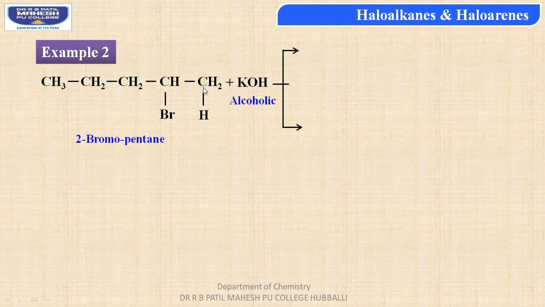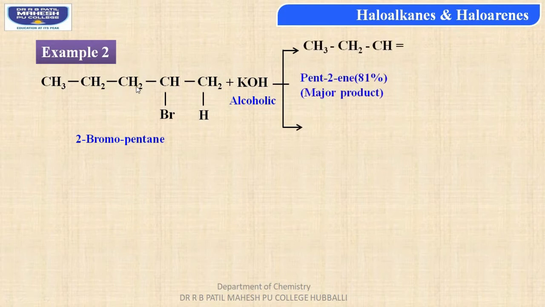As a result, students, if we consider removal of beta hydrogen from the methylene group, that is CH2 group, then it results in the formation of pent-2-ene molecule, which is a major product, as we are getting 81% yield. Along with this, the formation of potassium bromide and water molecule occurs.